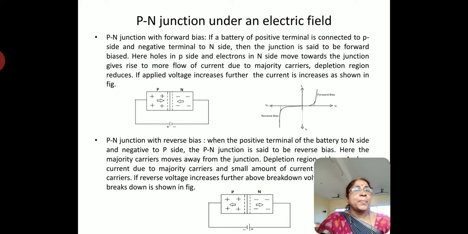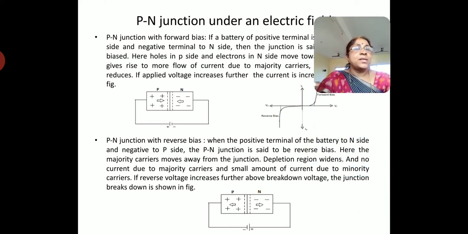Now, in case of reverse characteristic, when the positive terminal of the battery is connected to the N side and the negative terminal to the P side, the PN junction is said to be reverse biased. Here the majority carriers move away from the junction towards the battery.